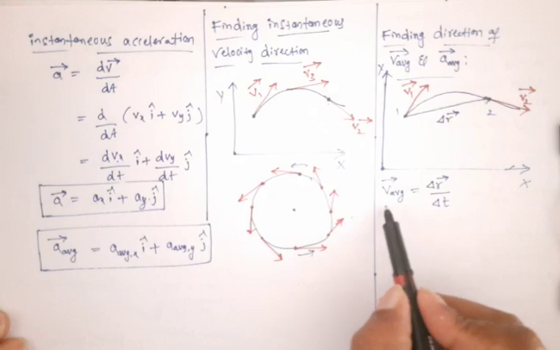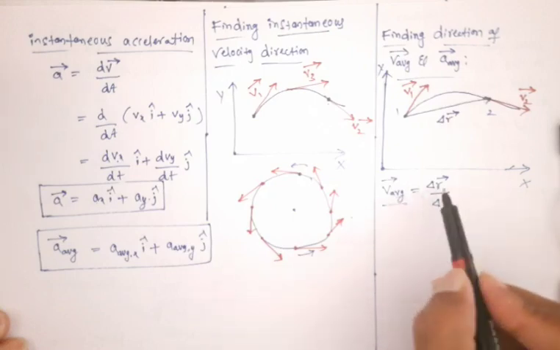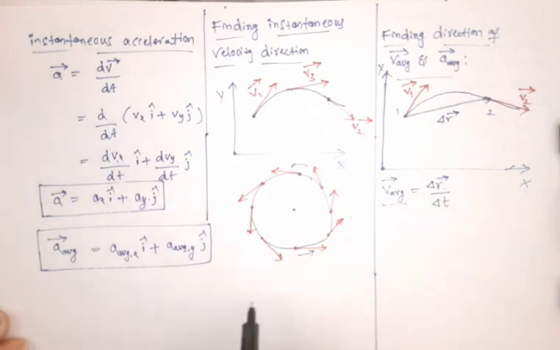That means average velocity and delta r bar are both in the same direction. Suppose we have a bar equal to 1 by 2 into b bar. What does it mean, guys? A bar and b bar both have the same direction, but the magnitude of a bar is half of b bar. Do you understand? So these two are parallel vectors.